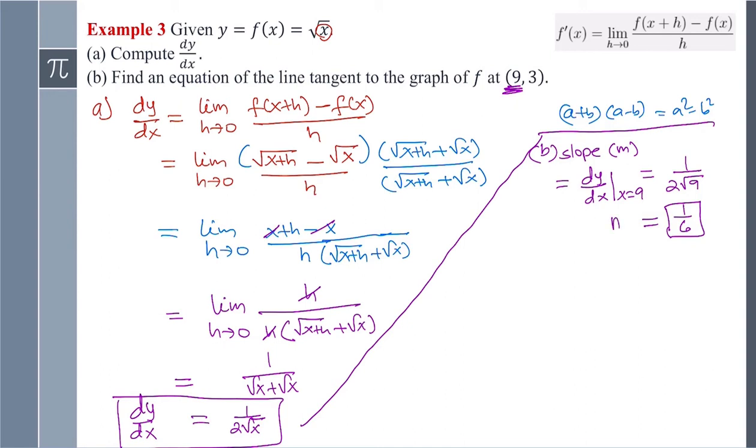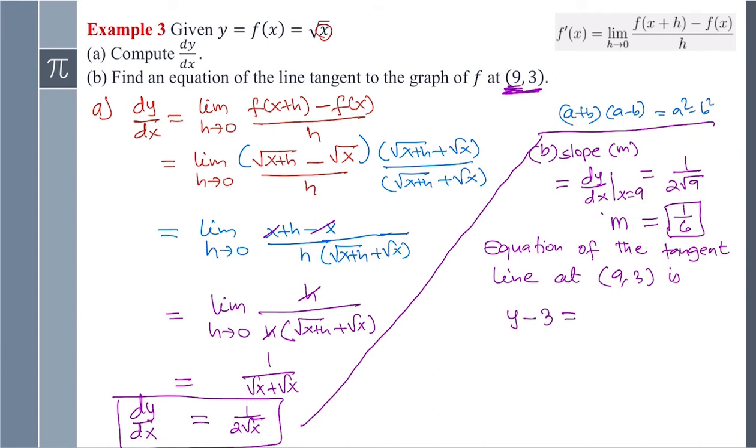Now we have this slope here, and then we have the point which is 9 comma 3. Now we can find the equation of the tangent line. The equation of the tangent line at 9 comma 3 is y minus y1, which is 3, equals m, which is 1/6, times x minus x1.